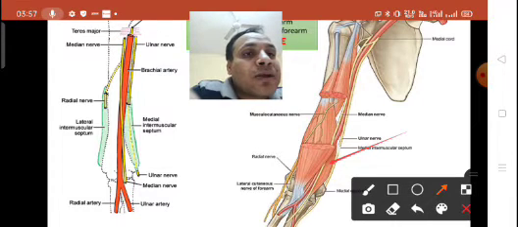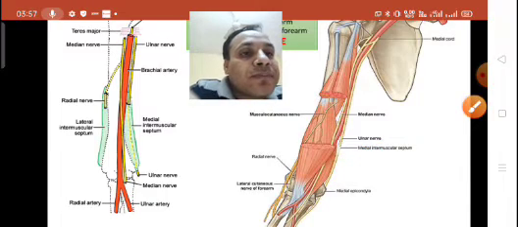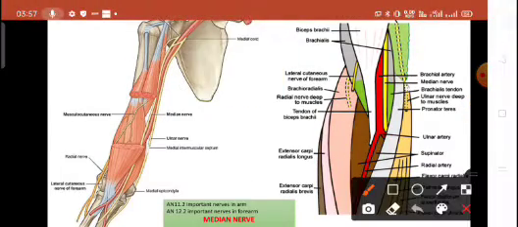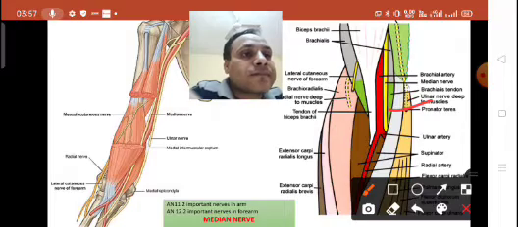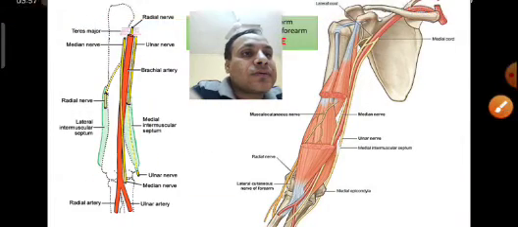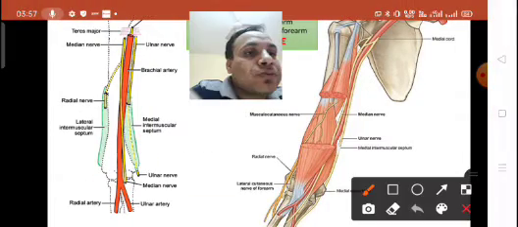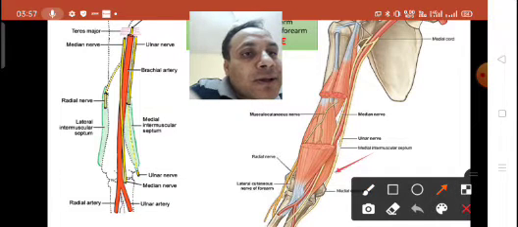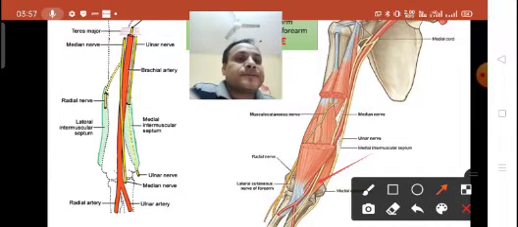Then in the lower part of the front of the arm, the median nerve lies medial to the brachial artery.